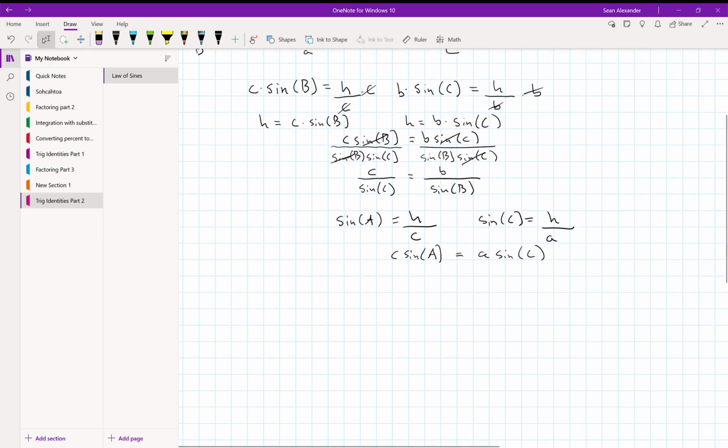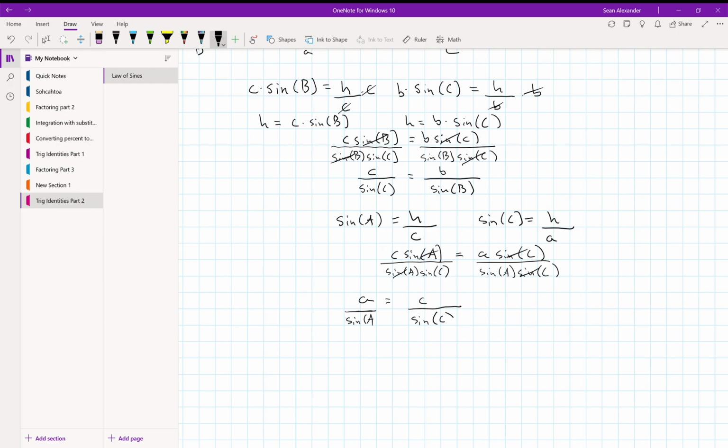And just like the other time, we're going to divide by sine A sine C on both sides to make it look like the law of sines. Cancel, cancel, cancel, cancel. And we get a over sine A equals c over sine C.